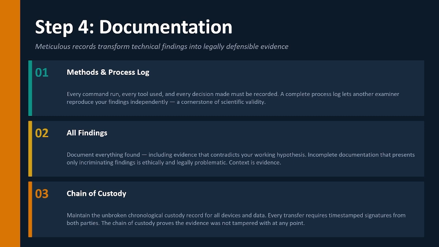Repeatability is key. You want to document all your findings, everything, including evidence that contradicts whatever your working hypothesis is. Anything that happens, you want to document it. Any incomplete documentation that presents only incriminating findings is ethically wrong and legally problematic, because if you leave things out of the report, someone may find out about that, and that's going to throw into question your entire process.